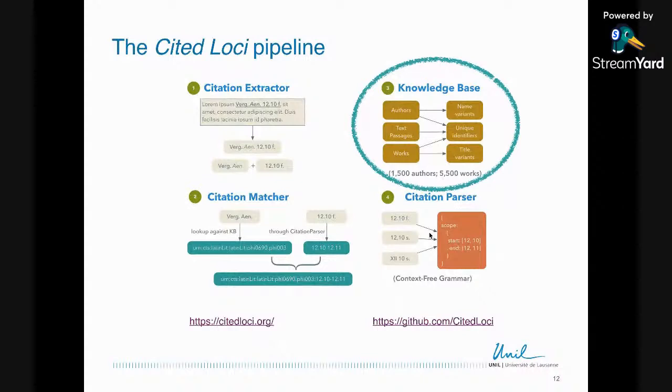Here I have some more details about the contents: names, titles, and identifiers that I've just mentioned, and also links, not for all of them, but for a certain part, to Wikipedia pages of ancient authors, and then a part that is still in progress, also citable units of each canonical text.